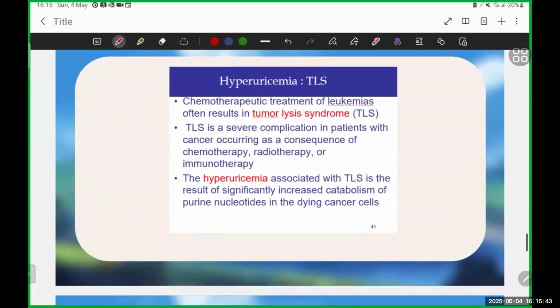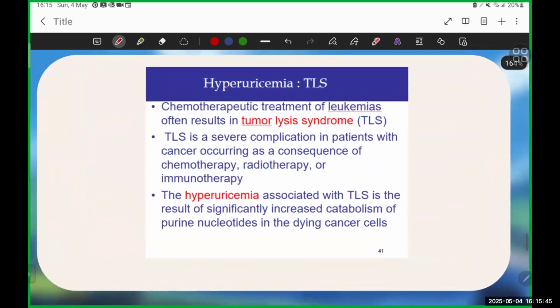Okay. You have something else called tumor lysis syndrome. What happens in this is that a lot of cancer cells are dying simultaneously, right?